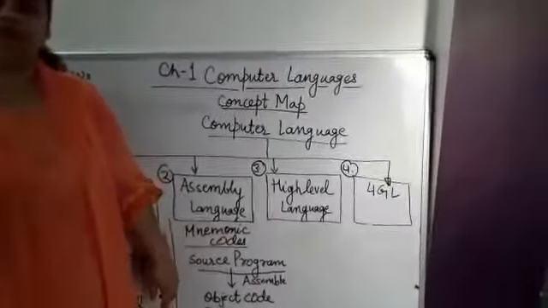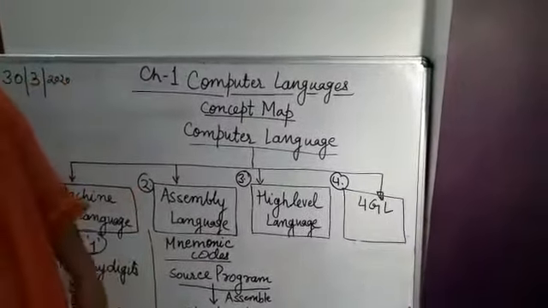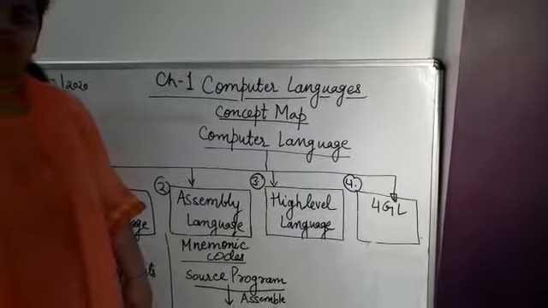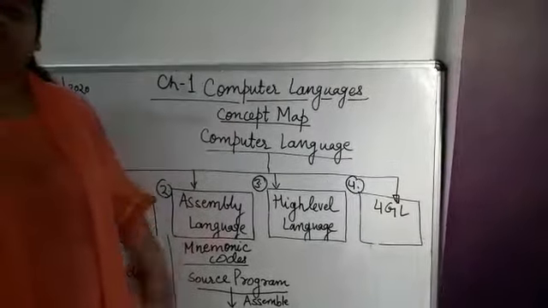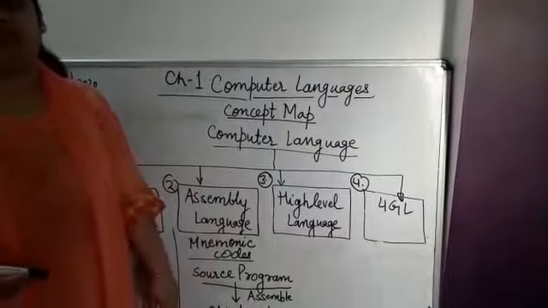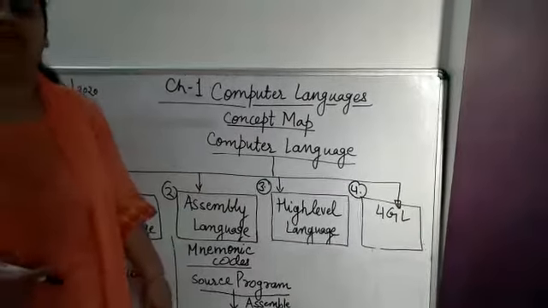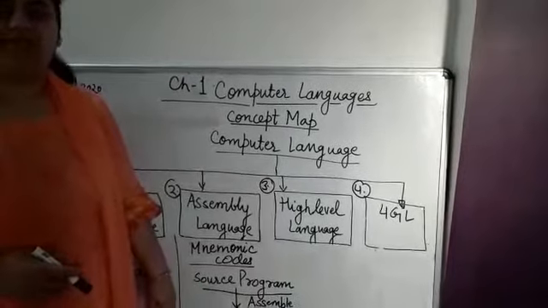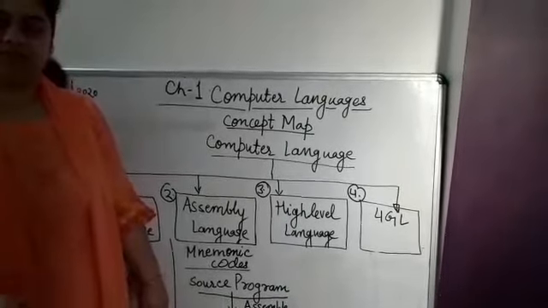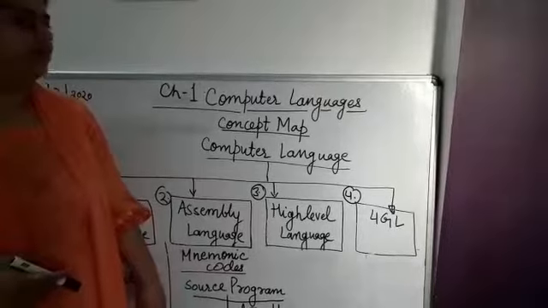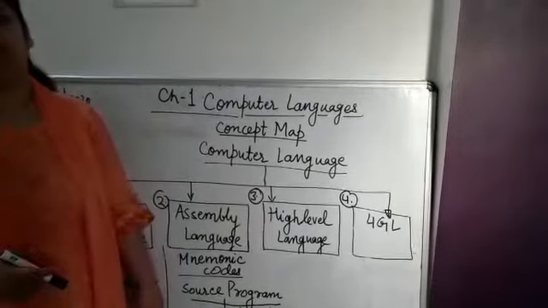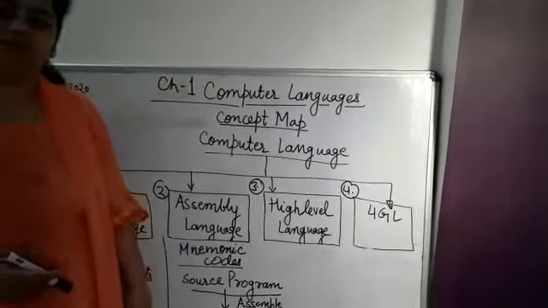As you all know, language is a means to express your views and feelings and communicate. So if you want to communicate with others, you and I communicate in which languages? English, Hindi, sometimes French. Okay. So if we want to communicate with a computer, we need to understand its language.